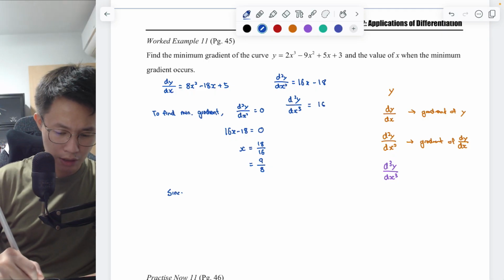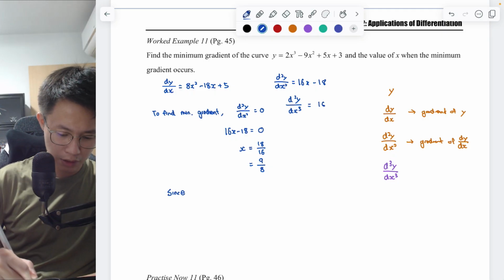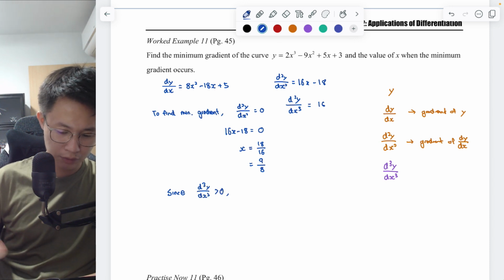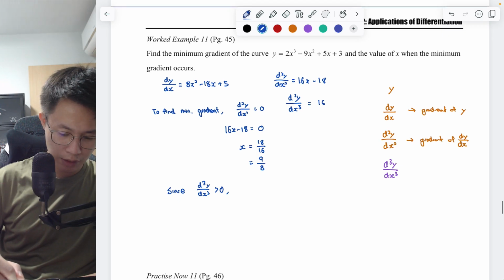Since d3y over dx cube is more than 0, this is the minimum gradient. So what is the minimum gradient?